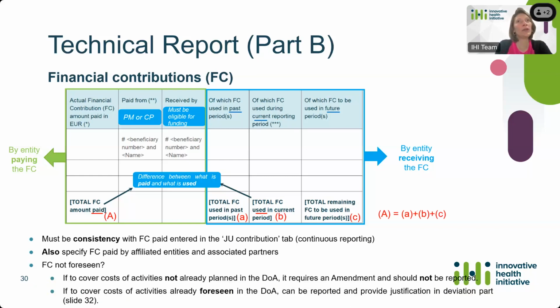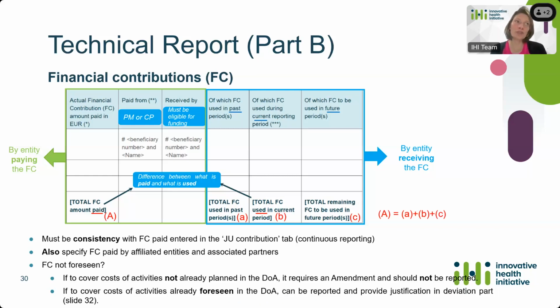And in case you need to report a financial contribution that was initially not foreseen in the DOA, well, there are two approaches. If the financial contribution is actually to cover costs of activities that are totally new, so not already planned in the DOA, it would require an amendment, and therefore it should not be reported here.